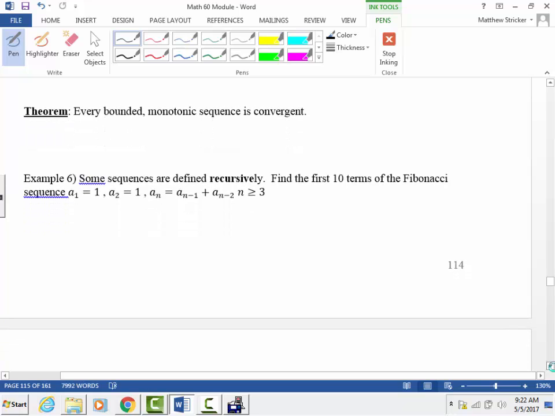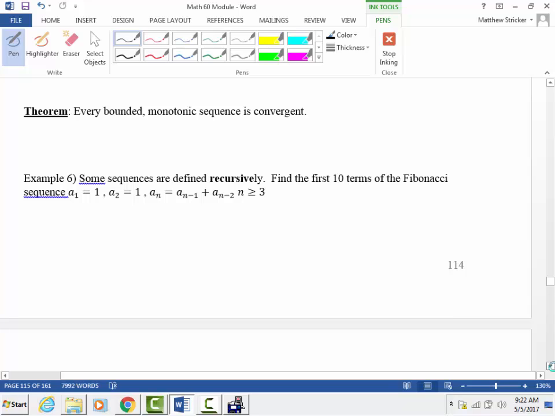That means that it depends on the terms before it. So a very famous one is the Fibonacci sequence. Anybody ever heard of that one? Fibonacci sequence is defined by previous terms. Here is an example of a recursive sequence. It will usually give you the first few terms, and then it will define subsequent terms by the previous terms.